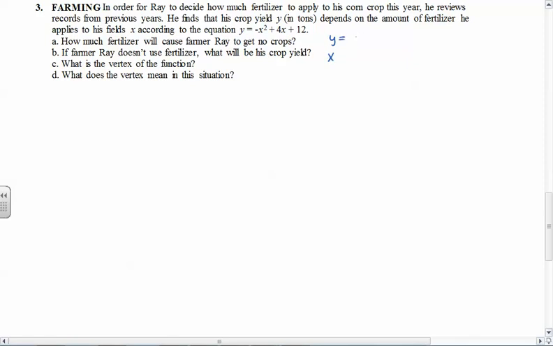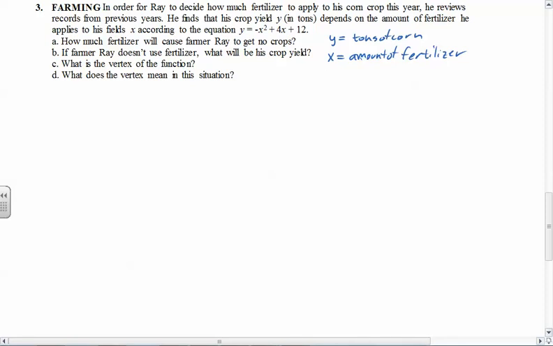Y is the tons of corn, and x is the amount of fertilizer. And how do we know that x is the amount of fertilizer? That's right, because x is the independent variable. It says y depends on the amount of fertilizer. And since we know that y depends on x, that means that x has to be the amount of fertilizer.